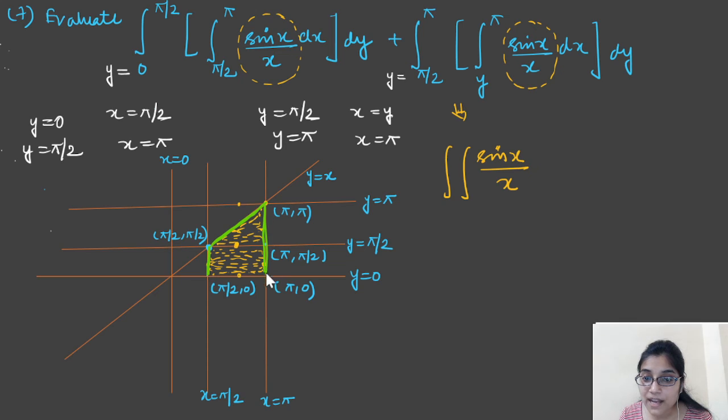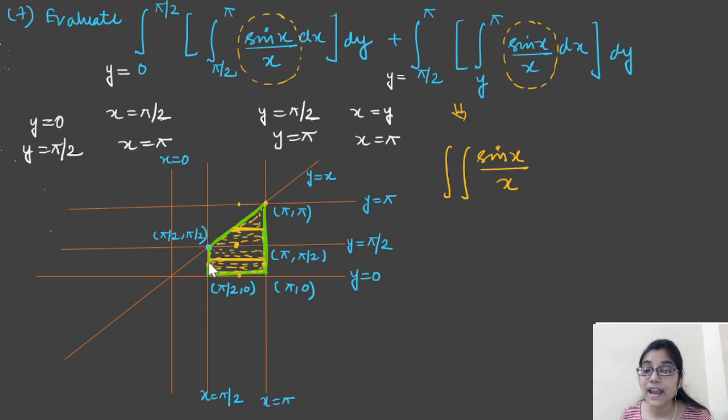So can you imagine one thing now, what they have done? They were integrating this integral with respect to x first. It means they were drawing a strip parallel to x axis. See, that is why the region was changing, the curves were changing.